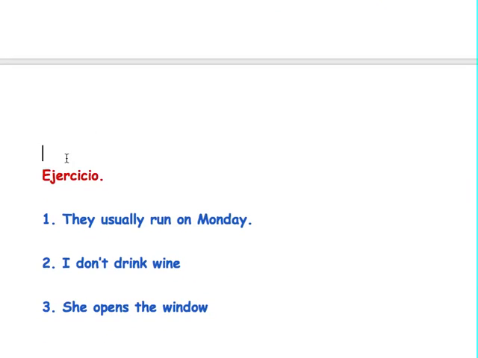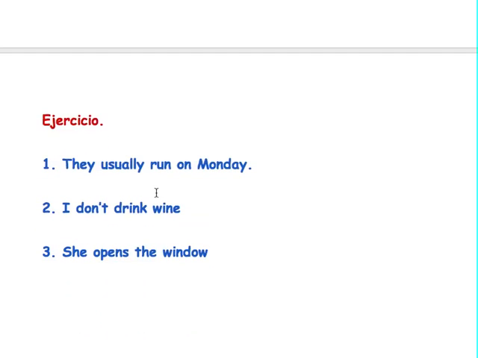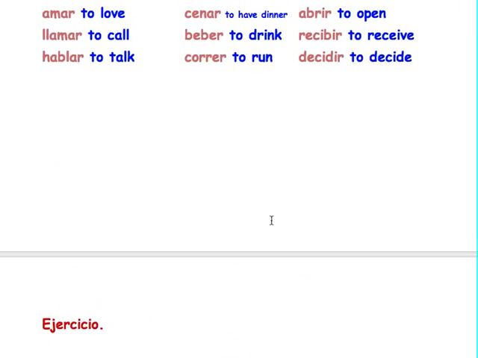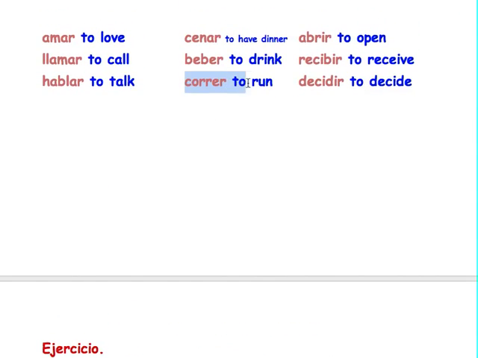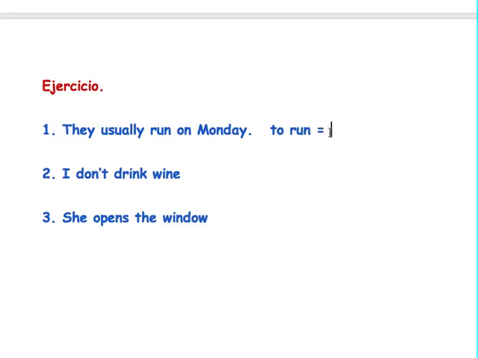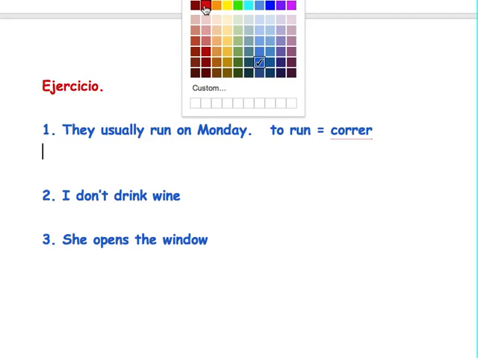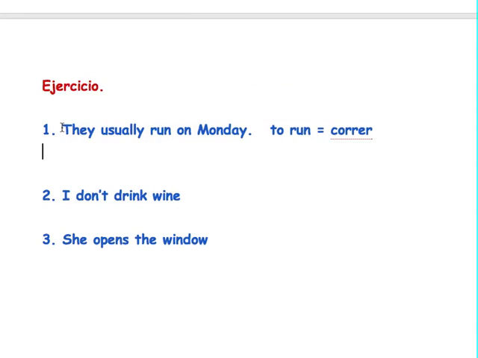Let's see an exercise. Okay, so what do you think? They usually run on Monday. I don't drink wine. She opens the window. So let's check, okay? So to run, correr, right? Correr, okay. So they usually run on Monday. So they run.